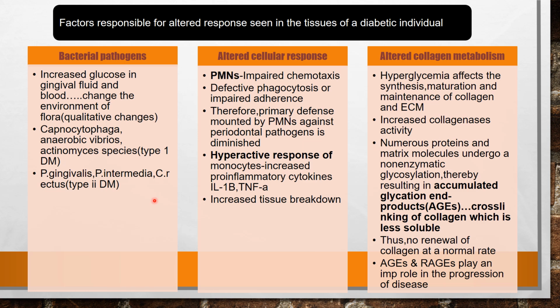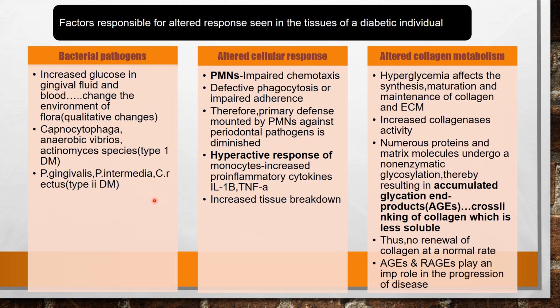Coming to the altered cellular response, there will be altered function of polymorphonuclear neutrophils. In chemotaxis, that is the locomotion of cells to the area where there is a foreign body, there will be impaired chemotaxis, defective phagocytosis, and impaired adherence. Therefore, the primary defense mounted by the PMNs will be affected.